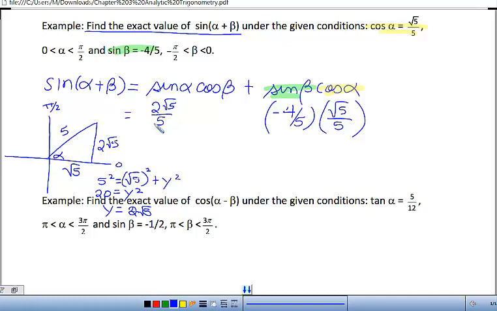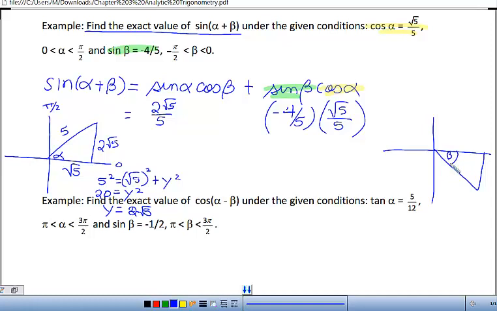Okay, we'll complete a similar procedure for beta, but this time we note that beta is going to be in the fourth quadrant. Okay, and we know that here's our beta right here.